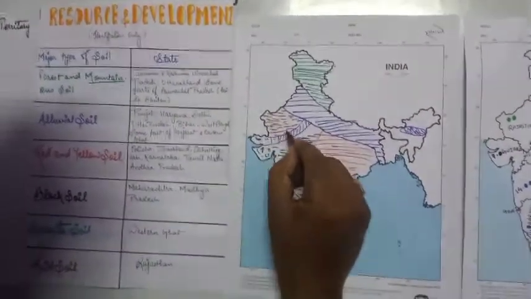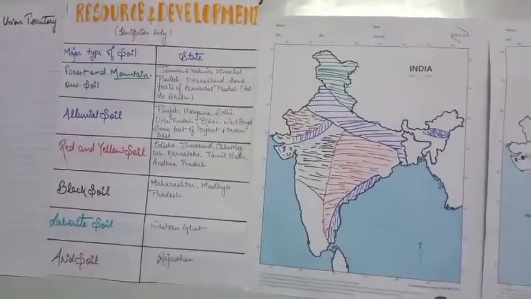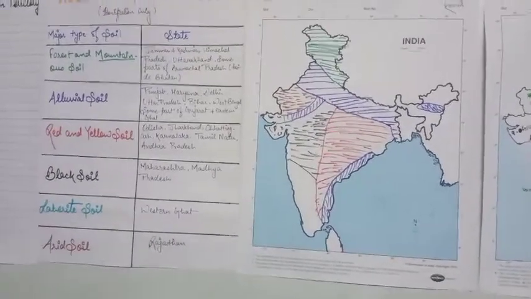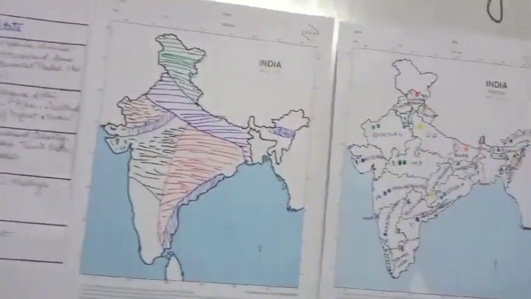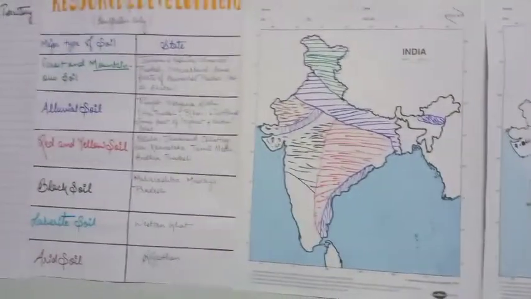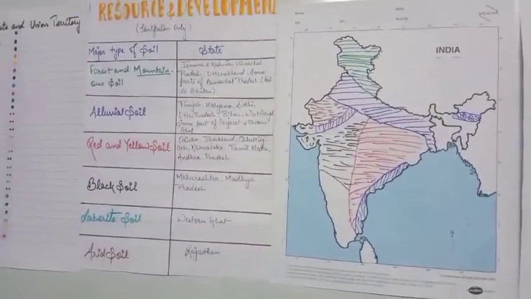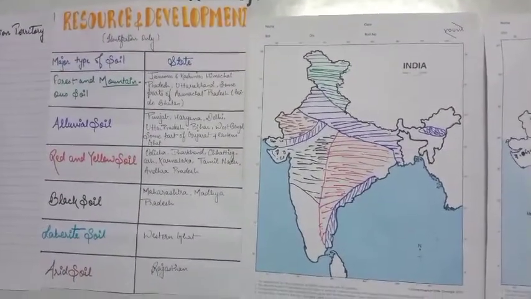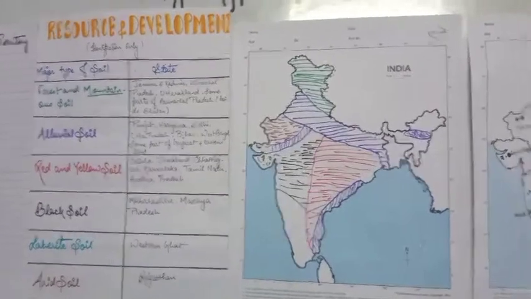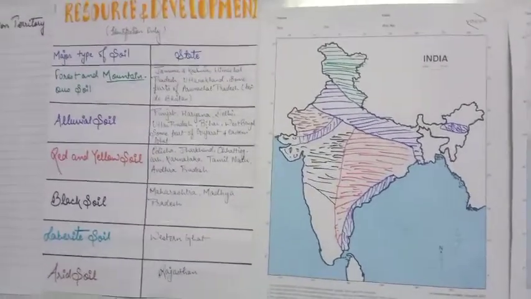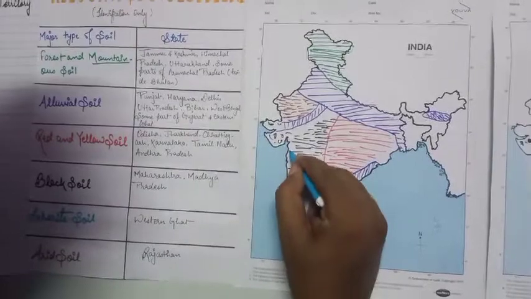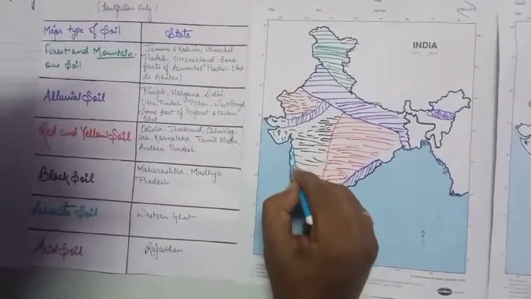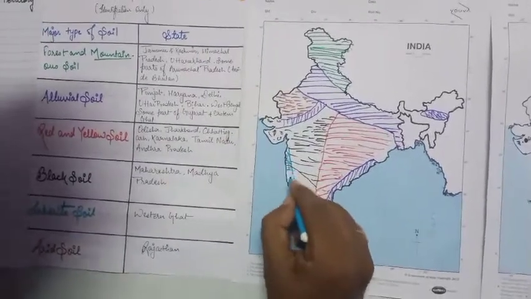Okay, now one soil is again that is present, and that is known as laterite soil. So laterite soil basically generates due to excessive rains. Clear? So excessive rains is found on the western coastal areas. So this is the western part, Western Ghat you can say. So these areas contains which one?